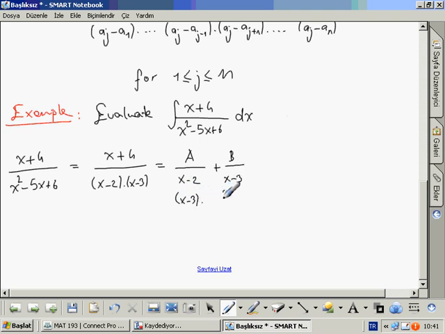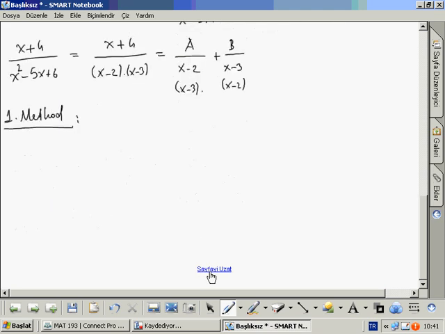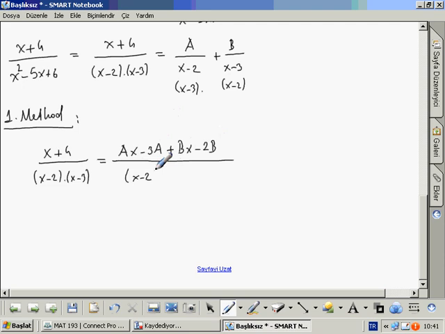For the first method, x plus 4 over x minus 2 times x minus 3 equals Ax minus 3A plus Bx minus 2B over x minus 2 times x minus 3.